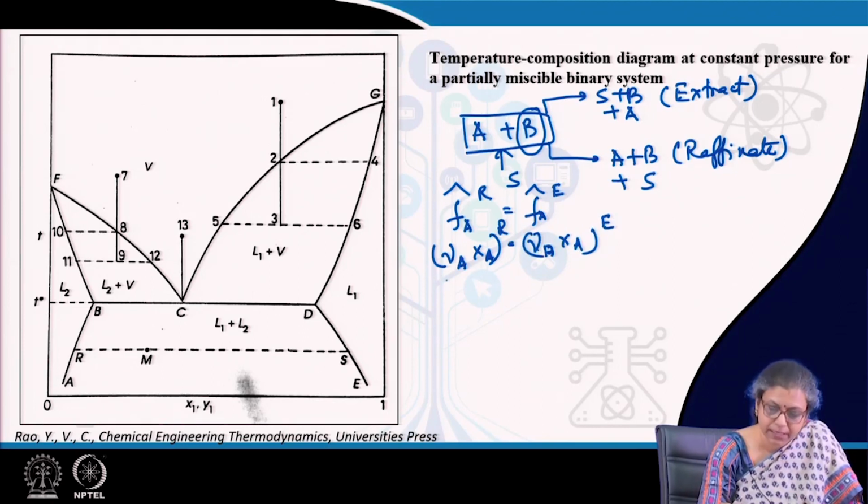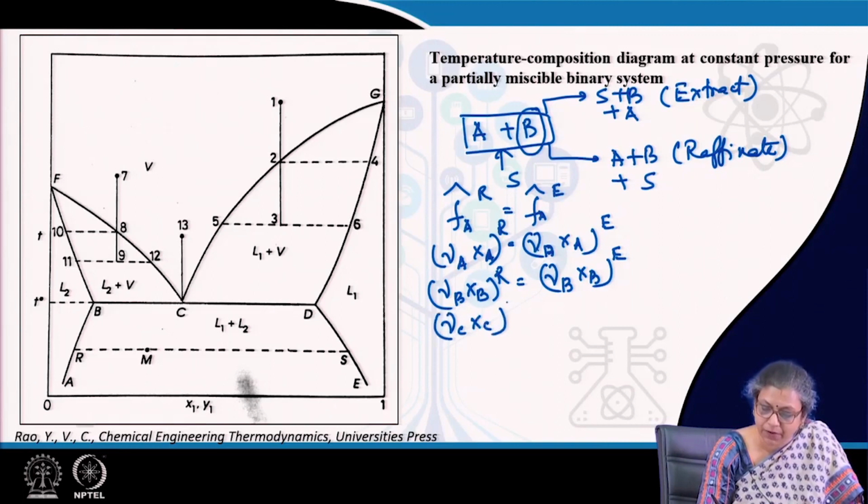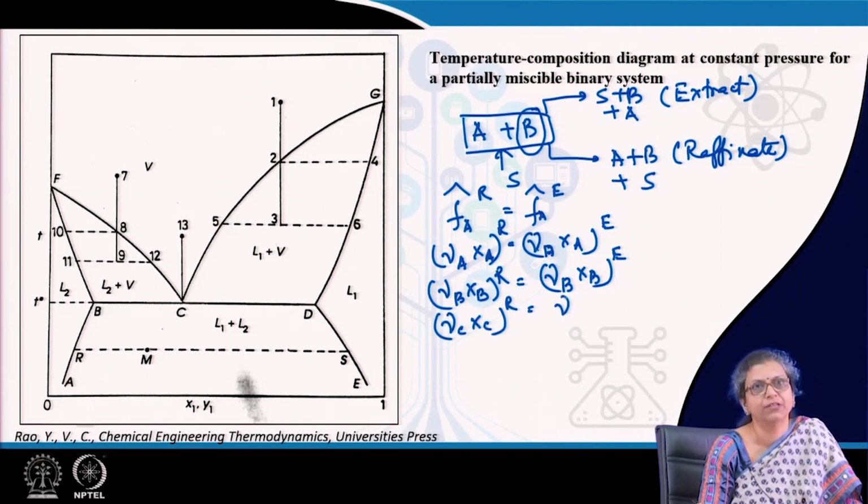In the same way we can say that gamma B x B in the raffinate phase should be equal to gamma B x B in the extract phase. And remember one thing, since we are dealing with two liquid solutions, there is every chance that both of them are going to be non-ideal.